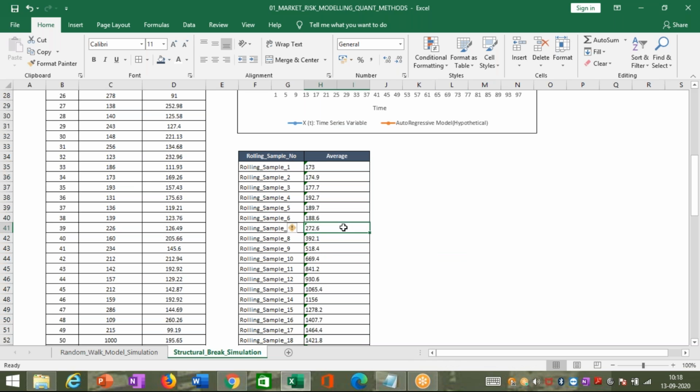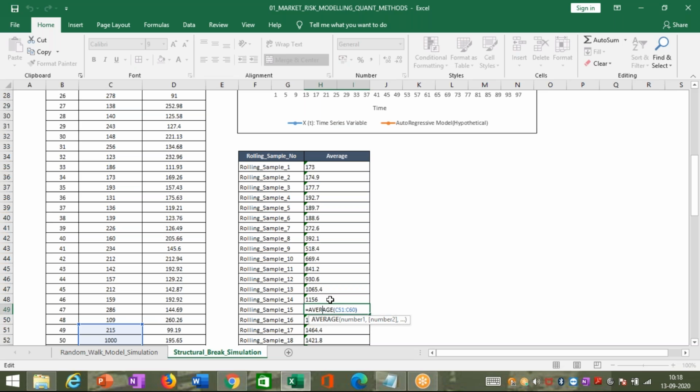Now the moment the structural shift started getting incorporated, you could see that the values just had moved out. So this was the period when 49 was the last point before the structural break till like 58, right?